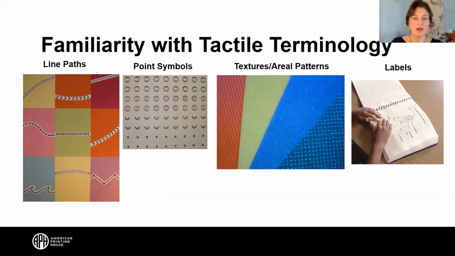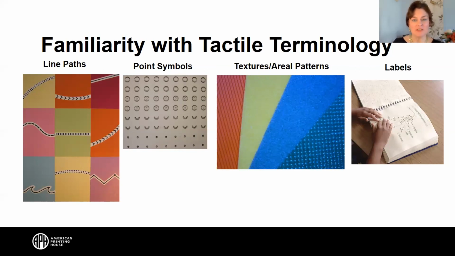Okay, so another important skill is the familiarity with tactile terminology. So you've already encountered that in this presentation. Everything from line paths to point symbols. Point symbols, again, are those things that are going to take on the highest elevation in a tactile graphic and usually represent a specific landmark, easily detected with the fingertip.